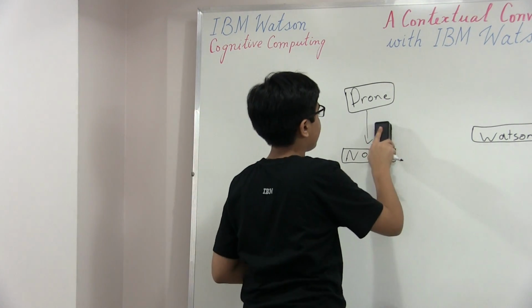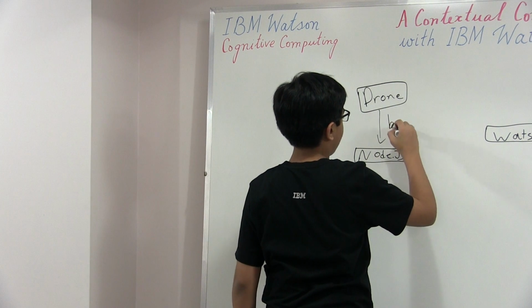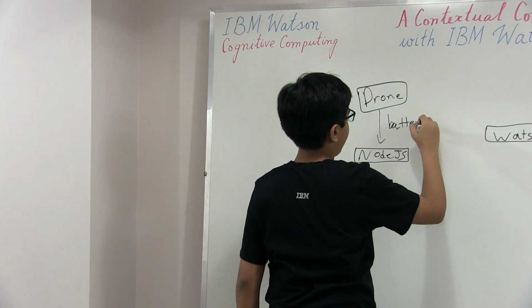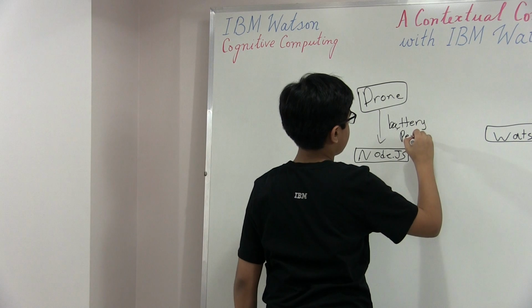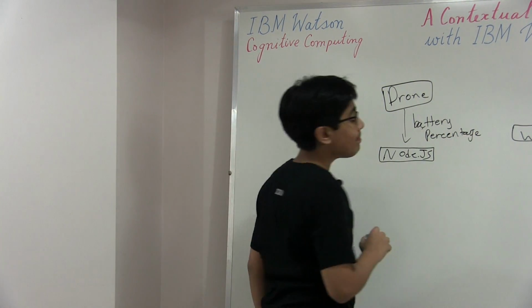The drone keeps sending Node.js a lot of information actually about itself, but one of those keys would be battery percentage. Okay?